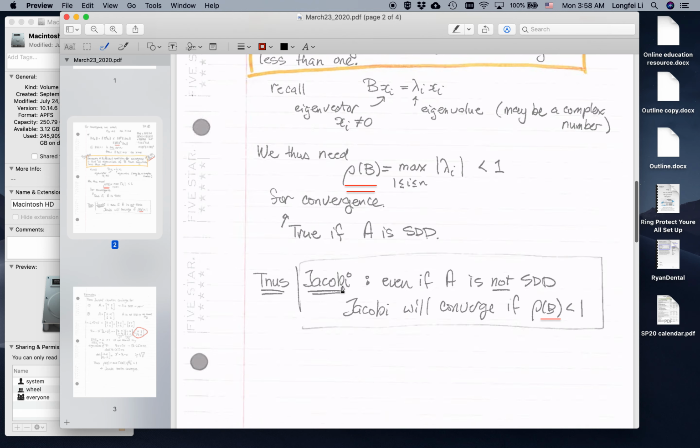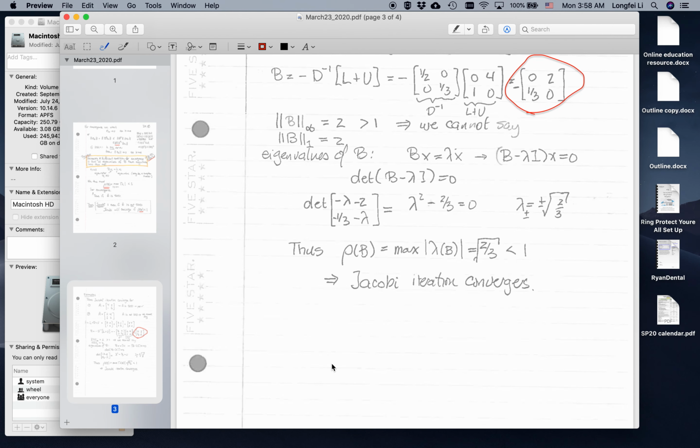But by looking at the spectral radius, we consider the eigenvalues. To solve for the eigenvalues of a matrix, we solve the equation Bx equals lambda x, and by removing x, we solve for the determinant equals 0. The determinant gives this characteristic equation, and by solving it, we got 2 eigenvalues.